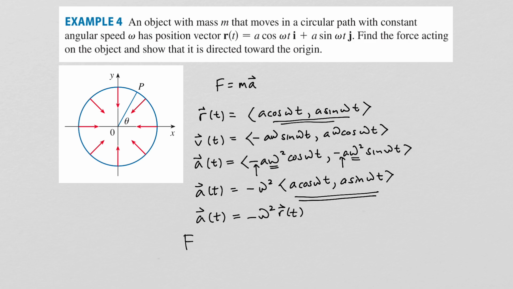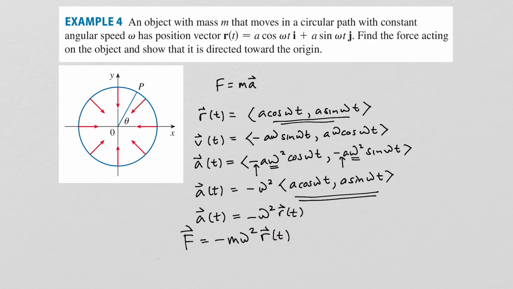So our force vector is mass times acceleration. So it's simply mass, which is m, multiplied by this. So that is negative m omega squared multiplied by r of t. Now, r of t is the position vector, right?